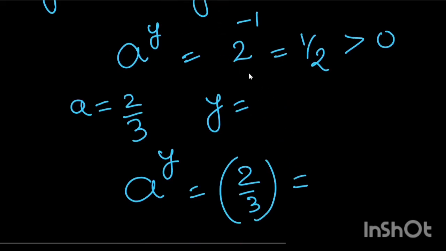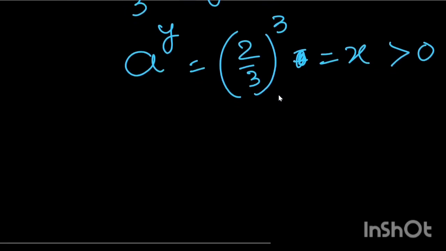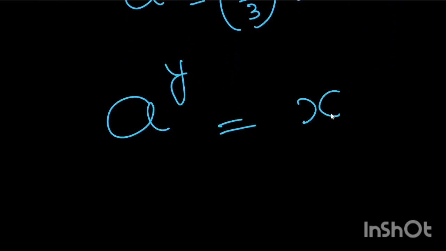Let's take y as 3. So a to the power y is 2 by 3 whole cube, which we know is also a positive number.